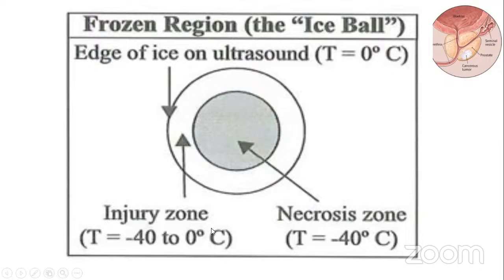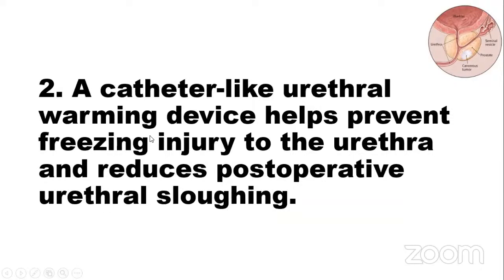Temperature is -40, and this is the necrosis zone. And as you see, this is the edge of the ice on ultrasound. Temperature here is 0 centigrade, and this is the frozen region.